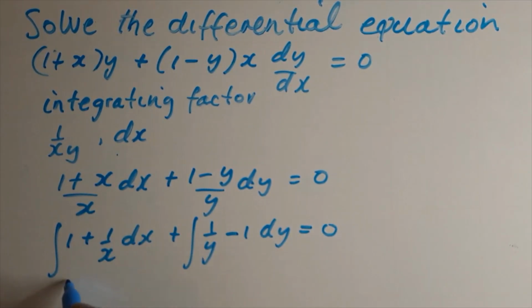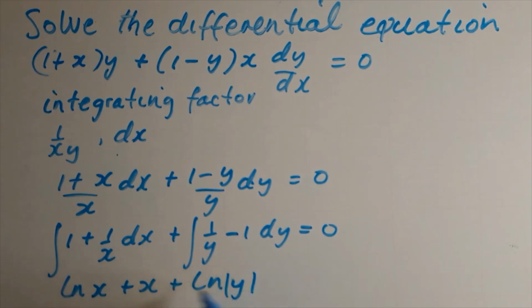And from this we have ln|x| + x + ln|y| - y. So when we integrate minus 1, we have minus y.